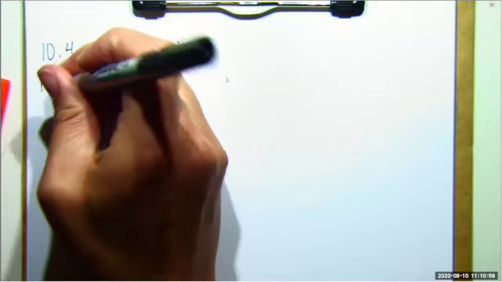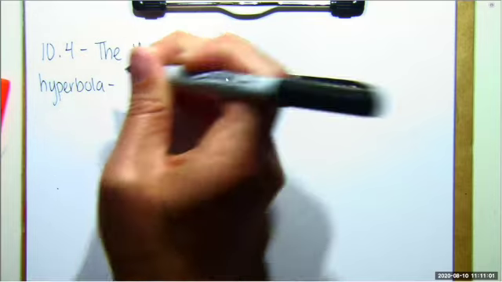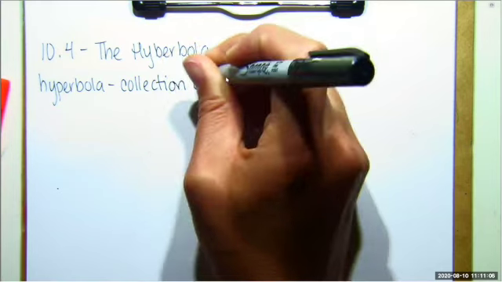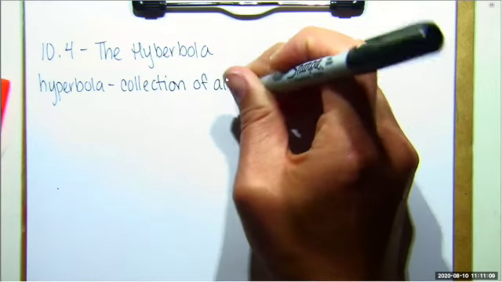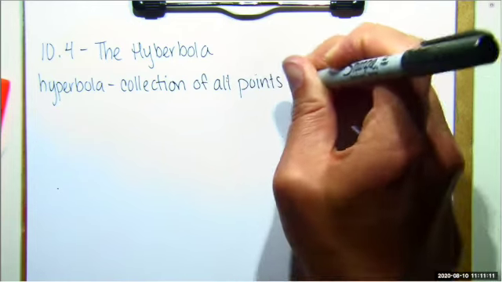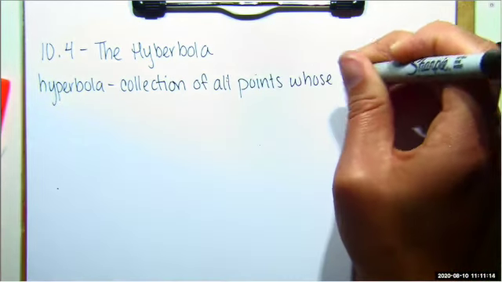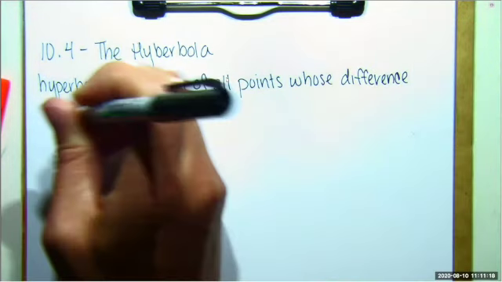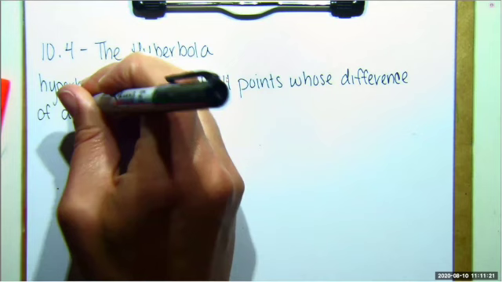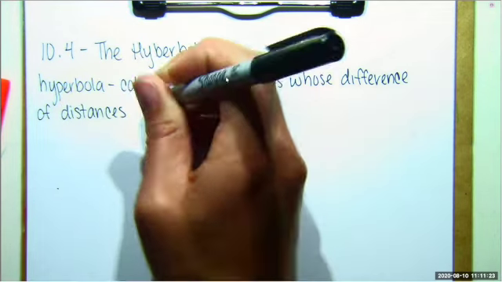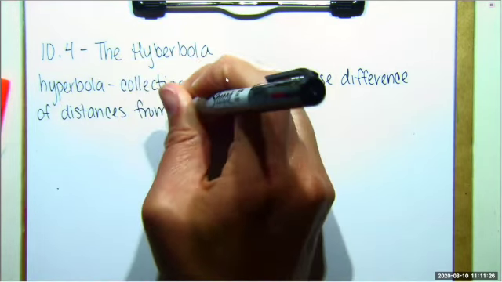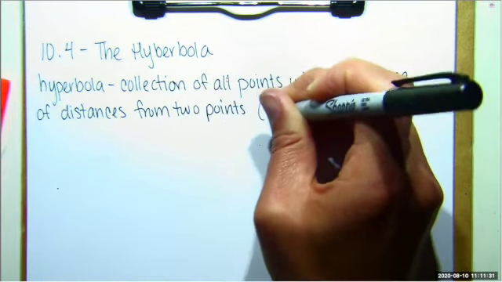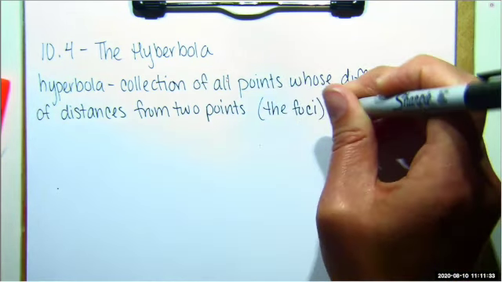So a hyperbola is the collection of all points whose difference of distances from 2 points called the foci is constant.